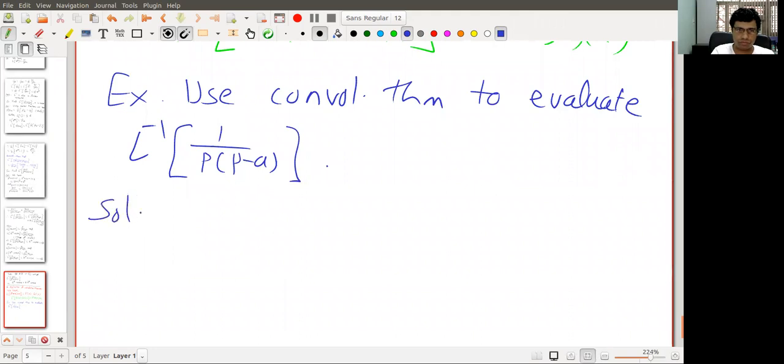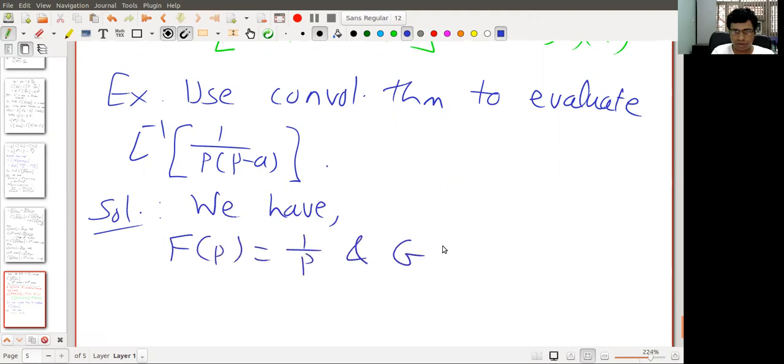Solution. We have capital F of p equal to 1 upon p and capital G of p equal to 1 upon p minus a.